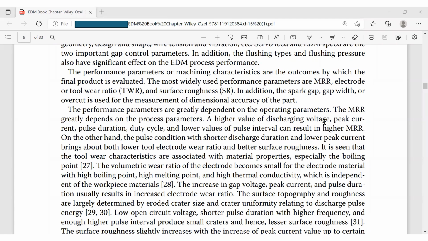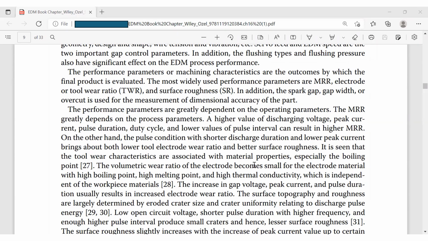A high level of discharge voltage, peak current, pulse duration, and duty cycle, along with lower values of pulse interval, can result in a higher MRR. However, a pulse condition with shorter discharge duration and lower peak current brings about both a lower tool electrode wear ratio and better surface roughness.